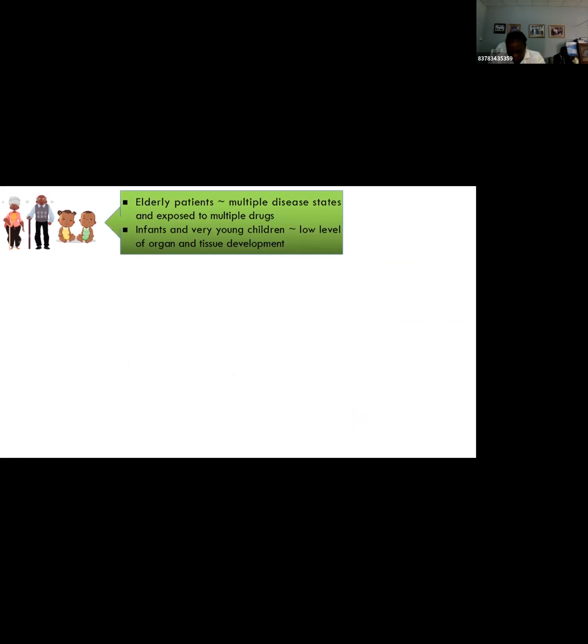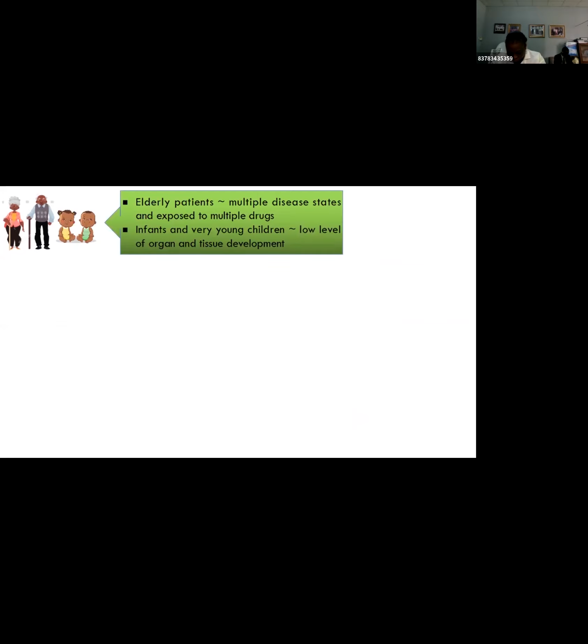Looking at it from a perspective that we can all relate to, those at the extremes of age are vulnerable to the onset of this reaction. So we have elderly patients, most of whom have multiple disease states and are exposed to polypharmacy. So they have multiple drugs being administered, and of course we know drug interactions and all that could lead to the development of this reaction.